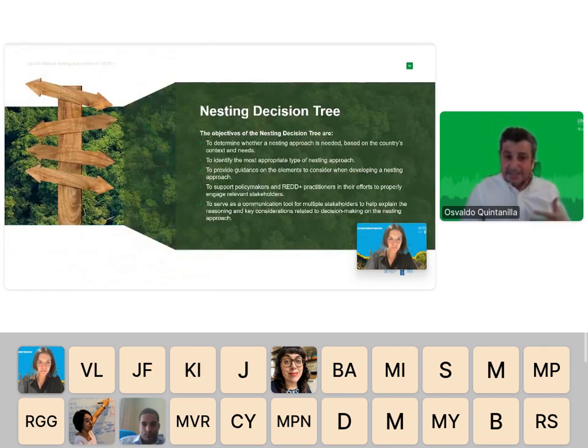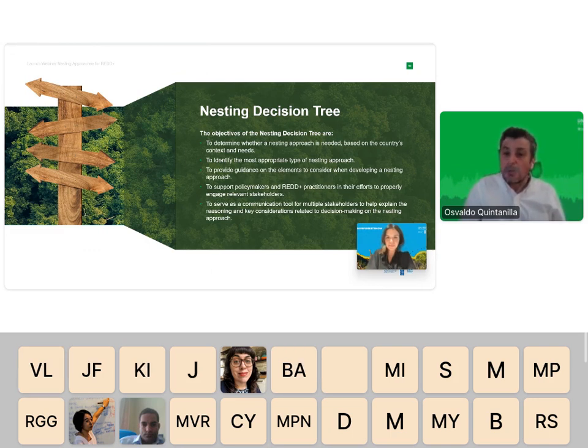So finally, let's look at the nesting decision tree. This tool is structured based on a series of questions and answers that helps countries determine whether a nesting approach is necessary, and if so, which type best fits their context.